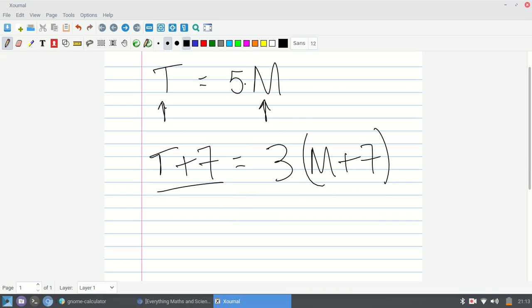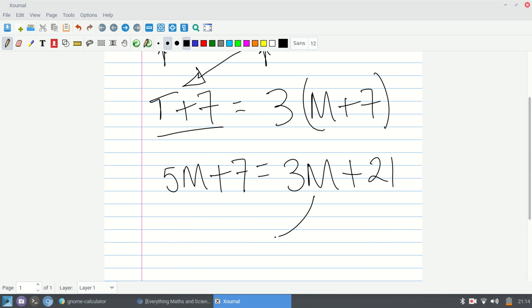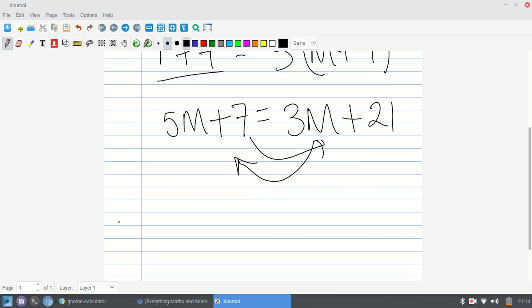So if T is 5m, I can plug that into there, right? And I get 5m plus 7 equals 3m plus 21, right? I just expanded. So 3m goes over here, 7 goes over there, and I get 5m minus 3m, that's 2m, equals 14.